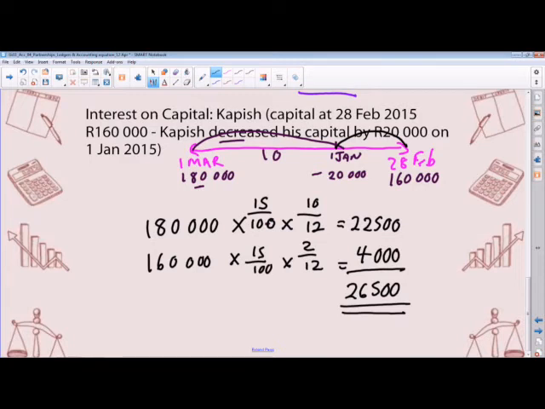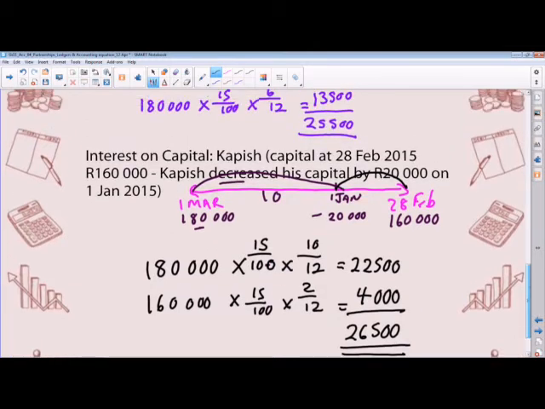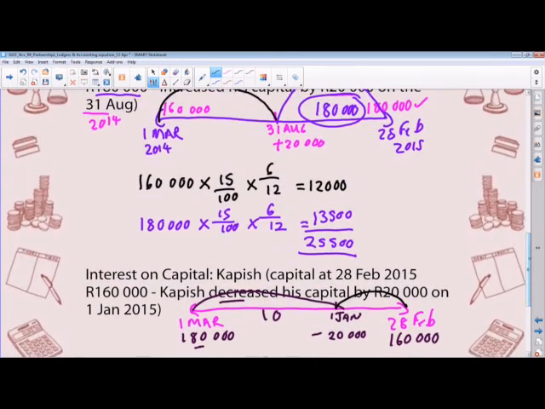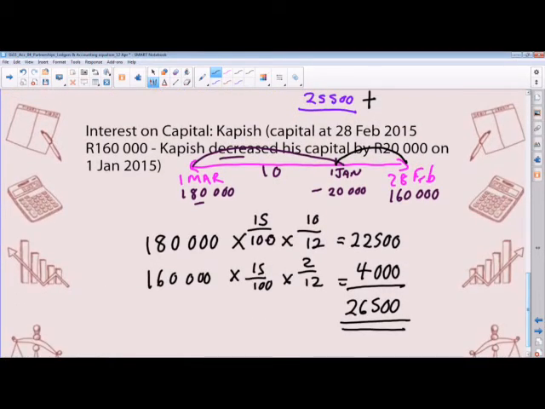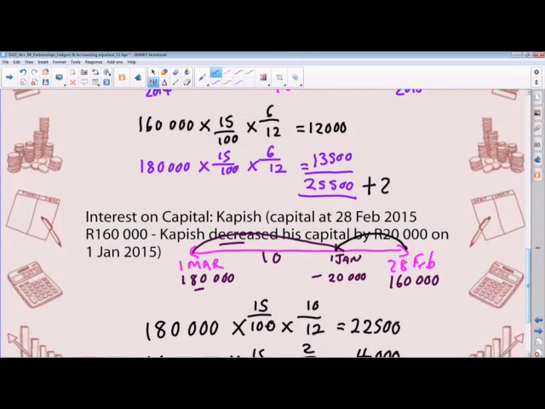Okay, so in terms of the total interest on capital for both partners, remember interest on capital, guys, there's only one ledger account. You don't show it separately like you do for salary. So I'm going to take my 25,500 and I'm obviously now going to add my 26,500, and this is my amount that I now take to my ledger account.